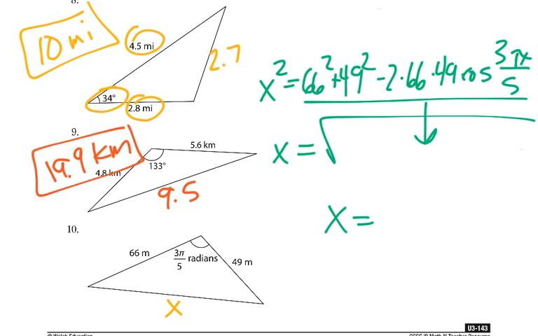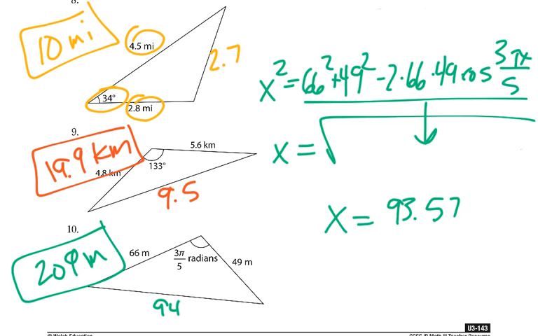Okay, so we go 3 pi over 5, type it all in, hit enter, and we get 93.57, so 94. Then we add it all up, 66 plus 49 plus 94 gives me 209 meters. And there we go.